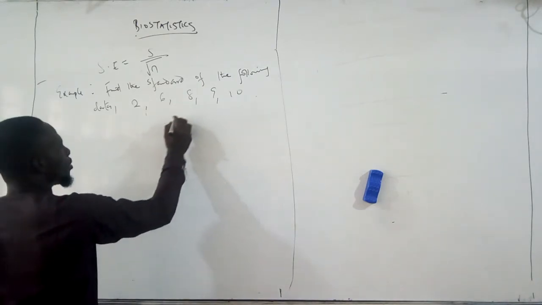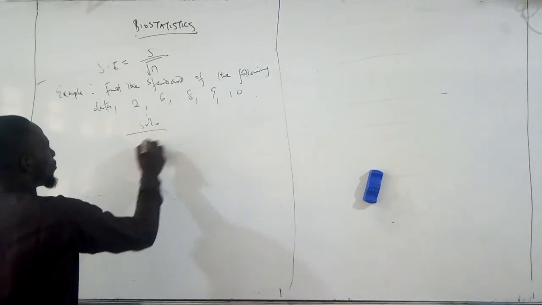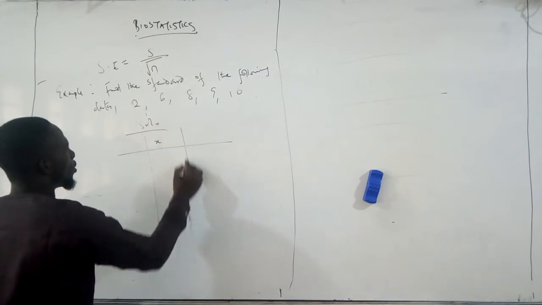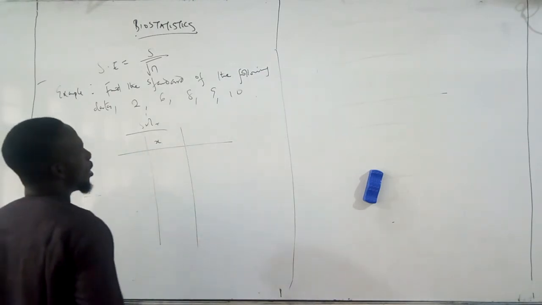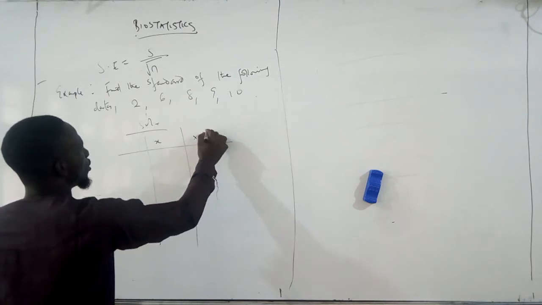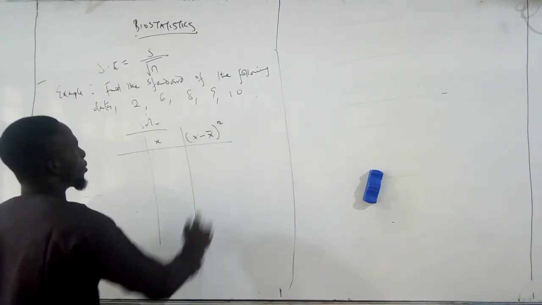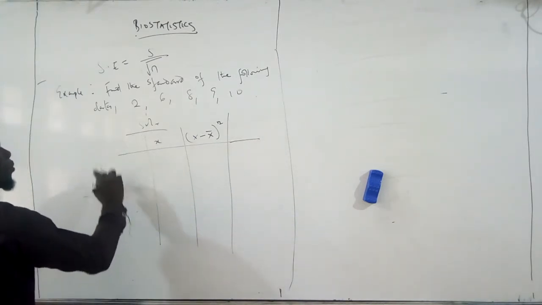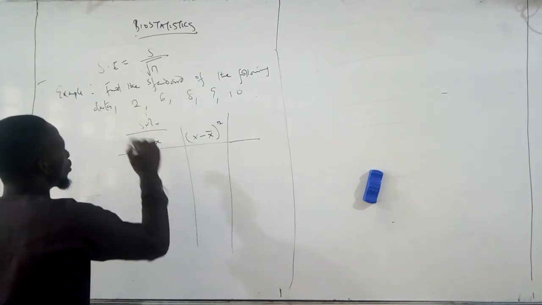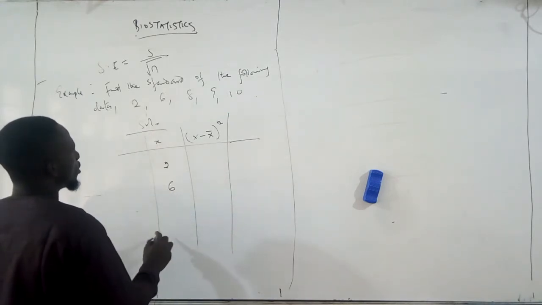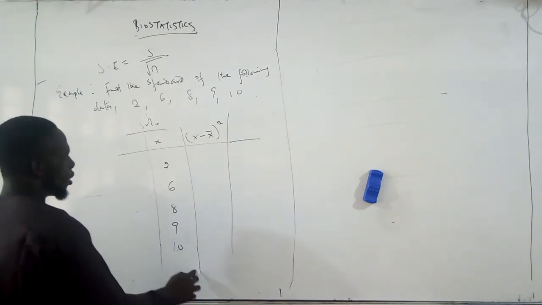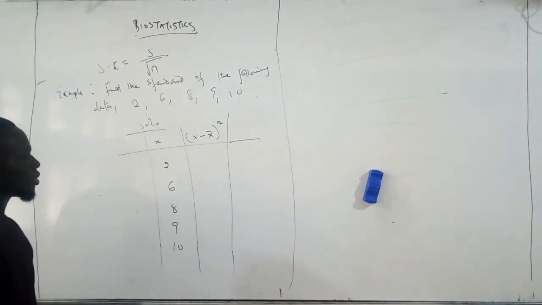You can solve it in a very simple way when you have your x, which is given, and your x minus x bar, all squared. So your x values are 2, 6, 8, 9, and 10.